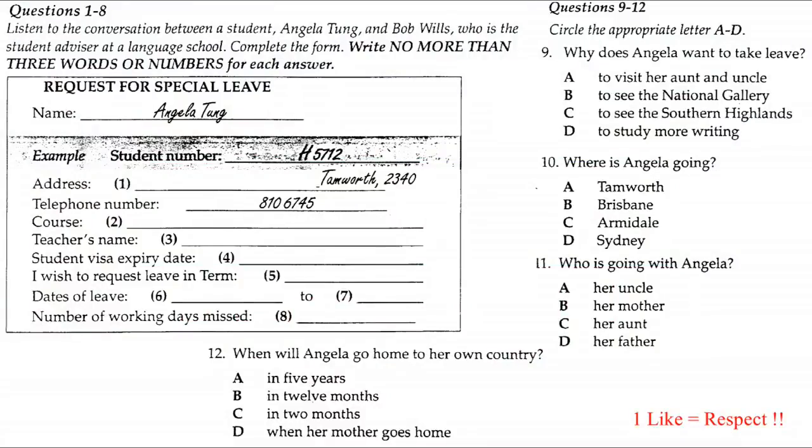Section 1. Listen to the conversation between Bob Wills, who is a foreign student advisor at a language school, and Angela Tung, who is a student, and complete the form. First, you have some time to look at questions 1 to 8 on the form now.